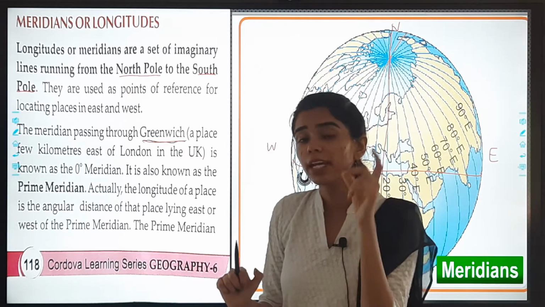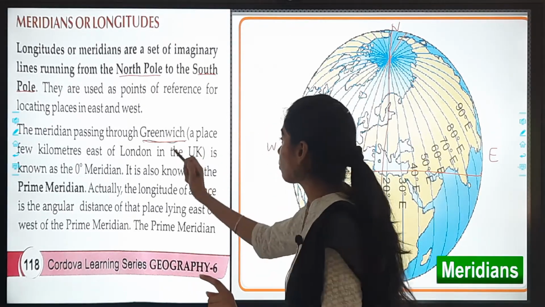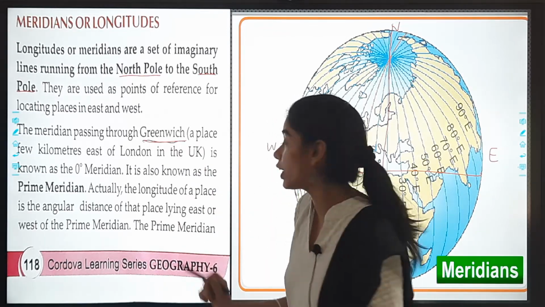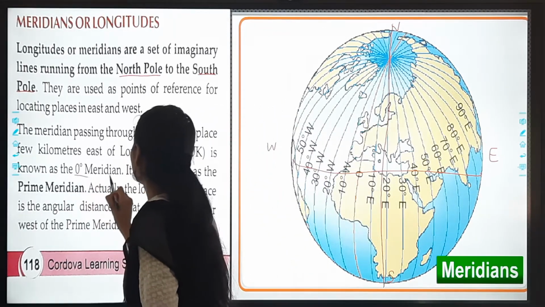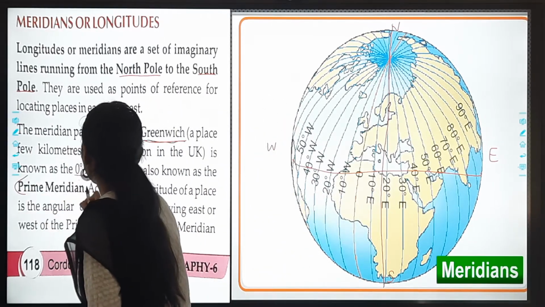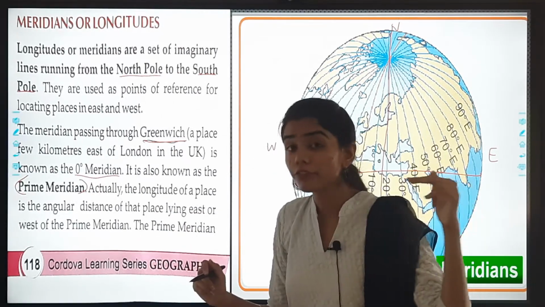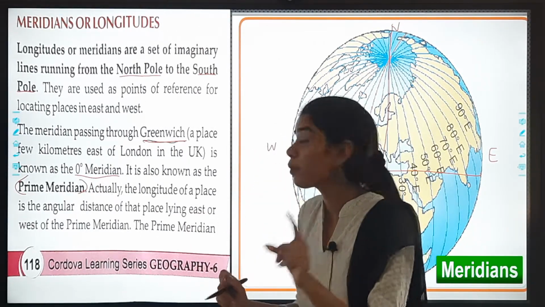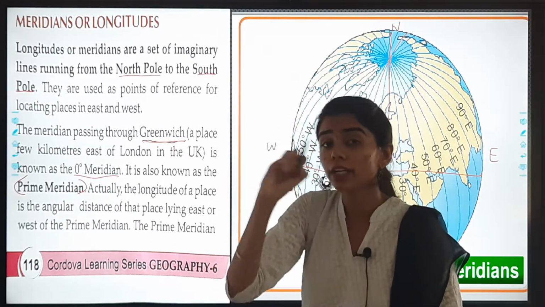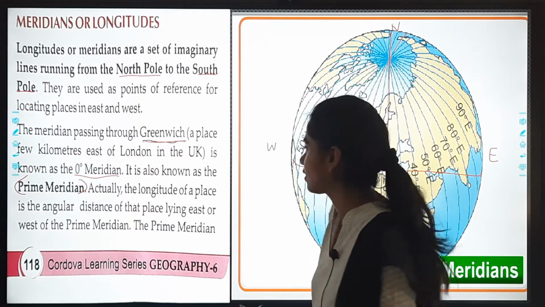So the meridian passing through Greenwich is known as the 0-degree meridian, also known as prime meridian. What is it? Once again I'll repeat. The meridian that passes through Greenwich, a place in the UK, is known as the 0-degree meridian, also the prime meridian.